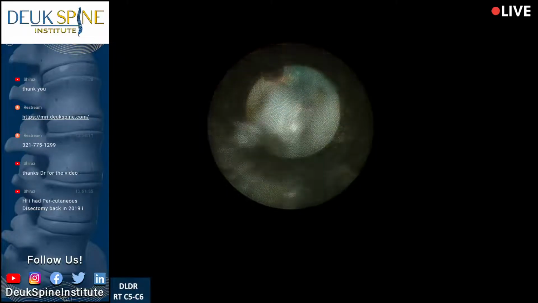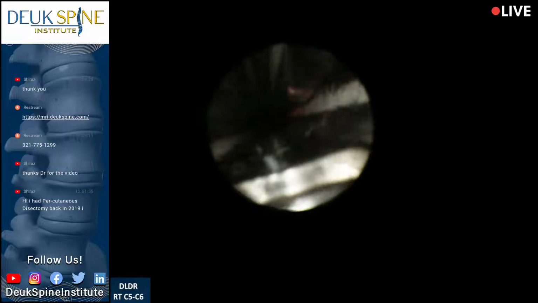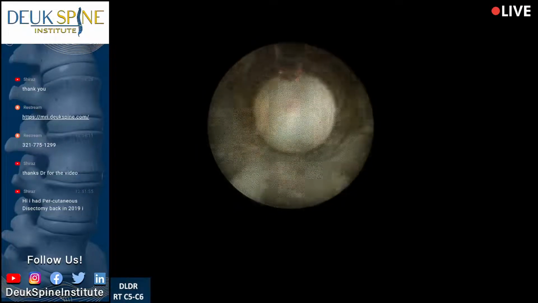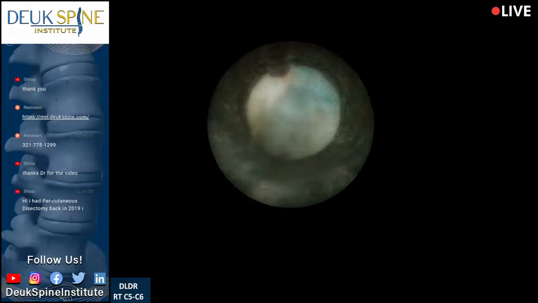So all these fragments, these pieces, they used to be part of one big solid piece of disc. You know, the nucleus pulposus. The nucleus pulposus is one piece, and now it's broken up into lots of little pieces because of trauma.